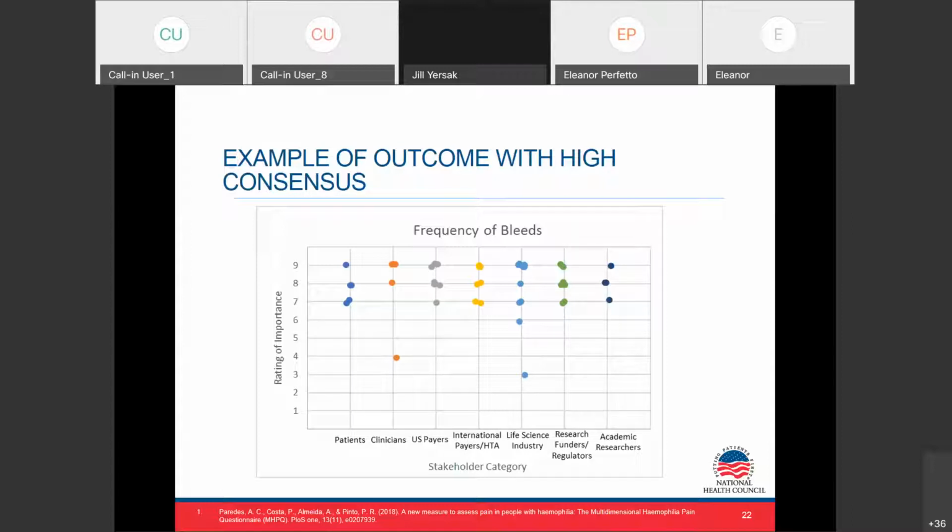And what you see here, the different stakeholder groups that were involved are voting listed across the bottom. And you can see here that everyone, with just a couple of exceptions, ranked this very high in the 7 to 9 category. So frequency of bleeds as something that still needs to be measured was a high consensus outcome. Next slide, please.